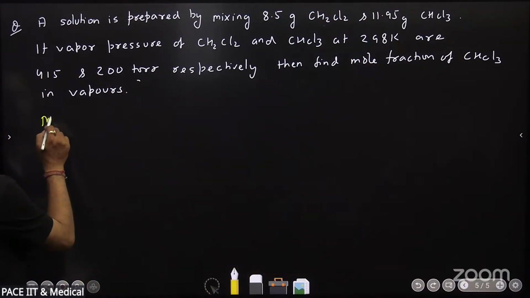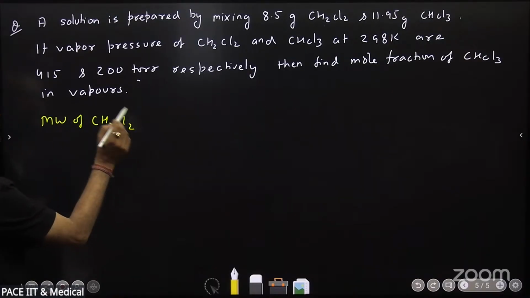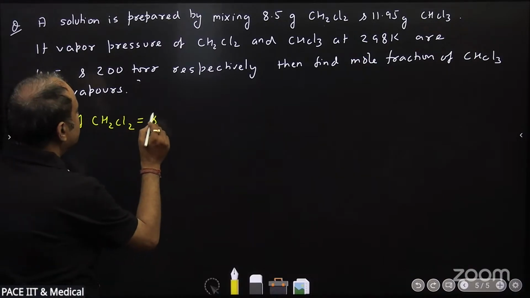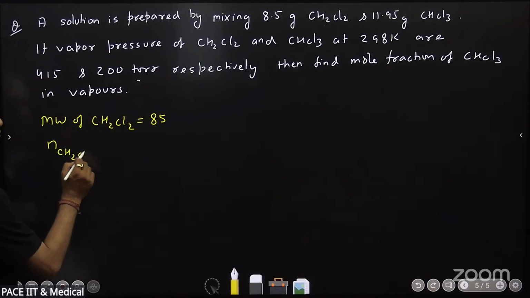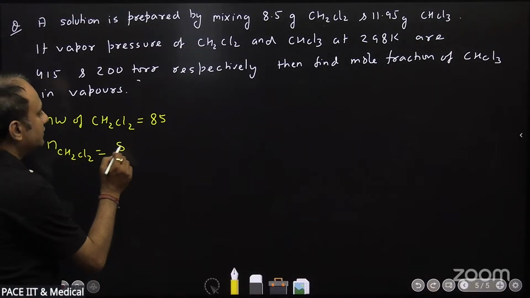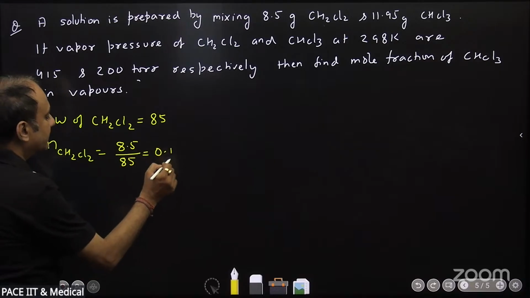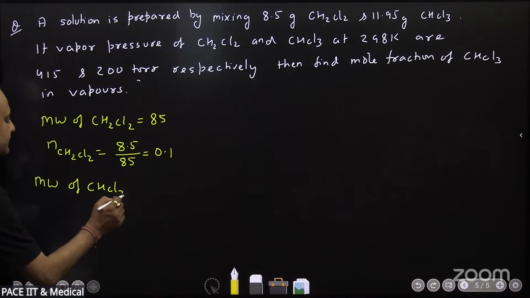What will be molar mass of CH2Cl2? 14 plus 71. That is 85. So moles of CH2Cl2, 8.5 by 85. That is 0.1. Correct? And similarly, what will be molecular weight of CHCl3?